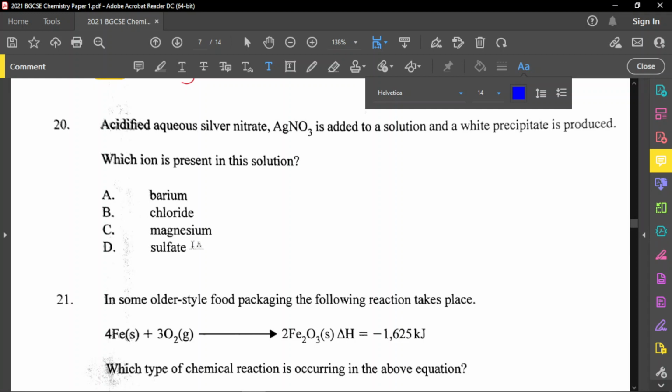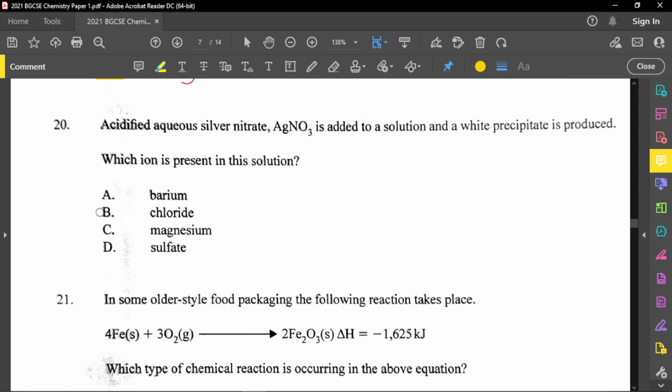All right, the sulfate now. The sulfate will react with the silver, so you have silver sulfate, and silver sulfate is also insoluble. But if it's acidic, you may not have this reaction with the sulfate, because if it's acid, let's say using sulfuric acid, for example, then this sulfate will not be able to react. It cannot replace sulfate.